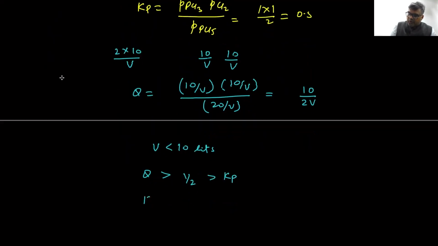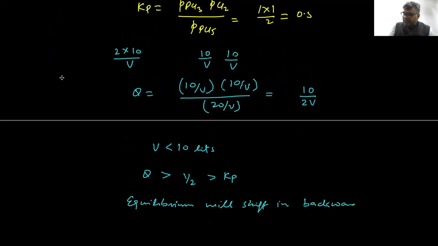So equilibrium will shift now in the backward direction. Is that okay first? This is the only trick of the question which you have to predict.